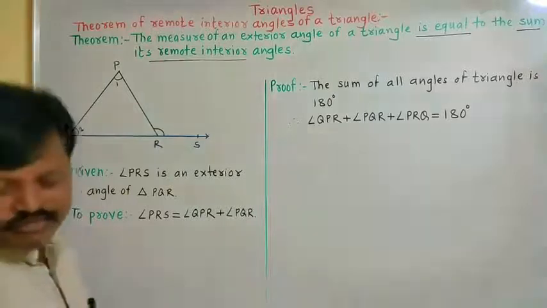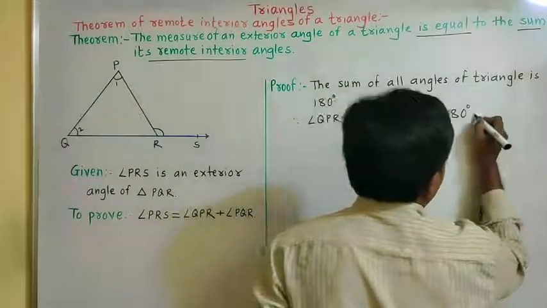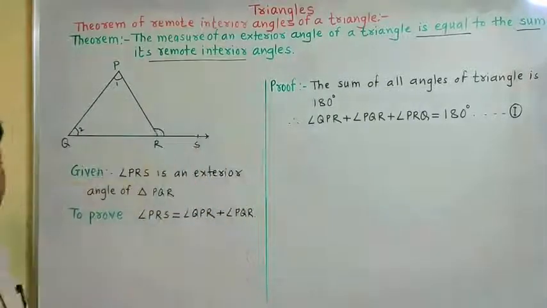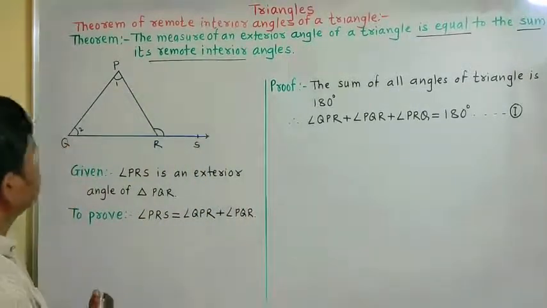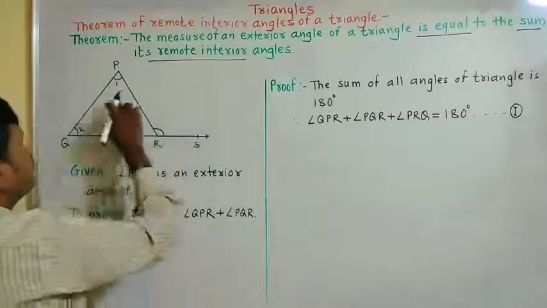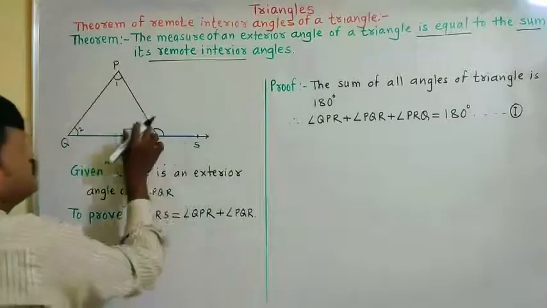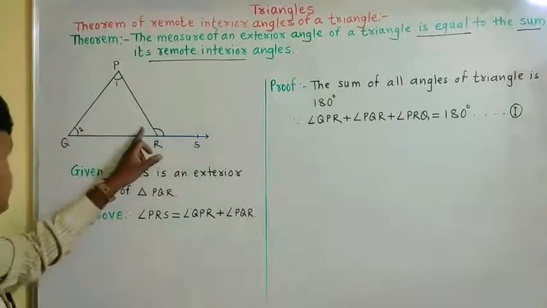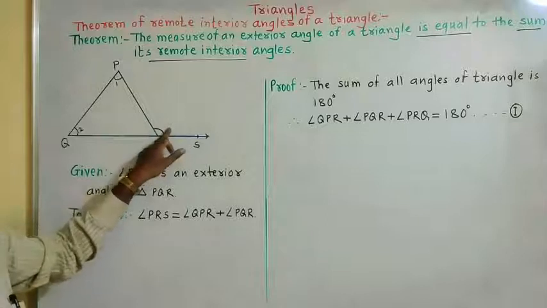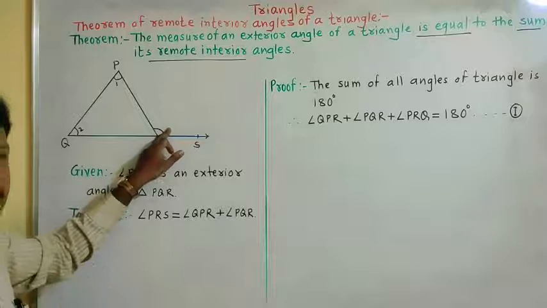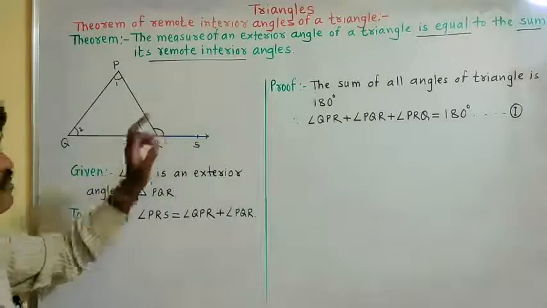So this is one statement. Now we write one more statement. Observe these two angles, angle PRQ and angle PRS. The summation of these two angles is 180 degrees because they are angles in a linear pair, or supplementary angles.